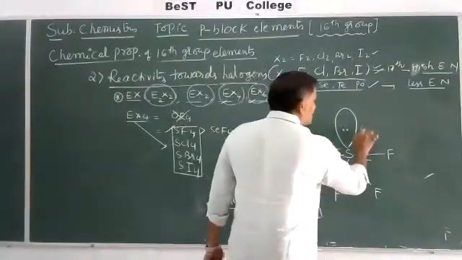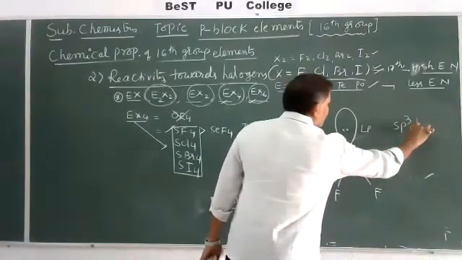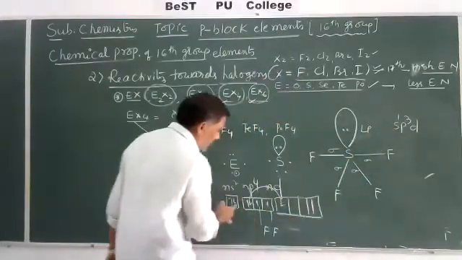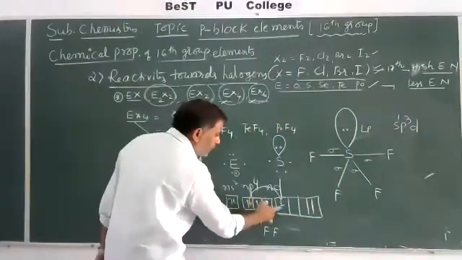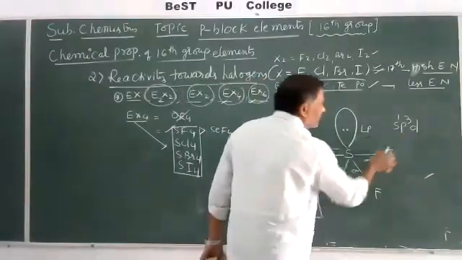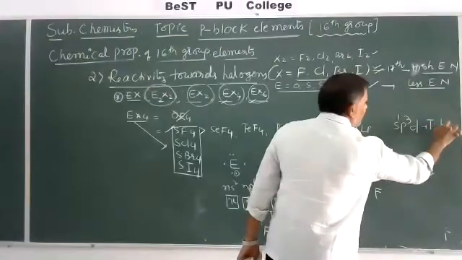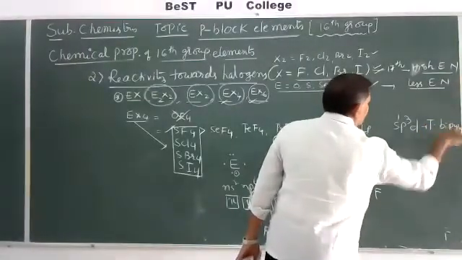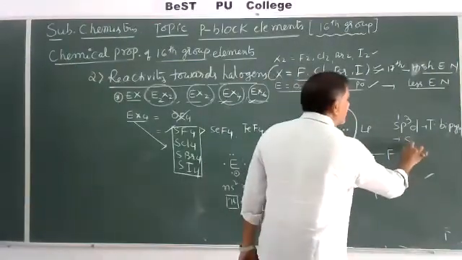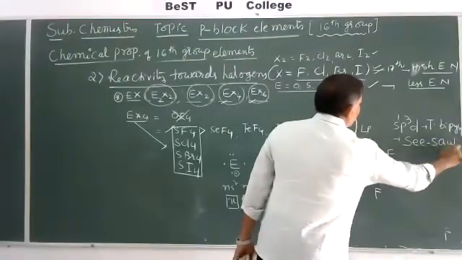Total hybridization is sp3d. One s orbital, 3 p orbitals and 1 d orbital of sulfur are involved. That's why it is sp3d. It is originally a trigonal bipyramidal structure, also considered as a very important seesaw structure.